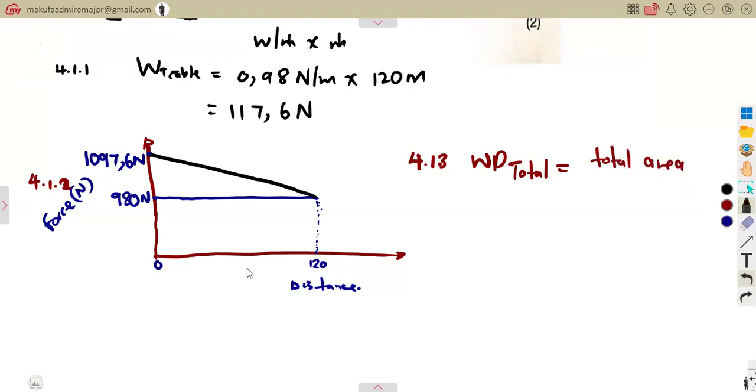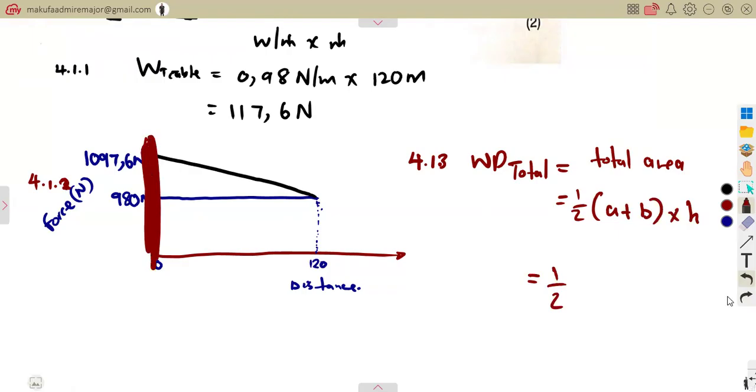If you know this shape directly, this is a trapezium, where we can simply use the formula for the area of a trapezium, half of the sum of the parallel sides times the perpendicular height. The sides which are parallel are this side and this side, they will never meet.